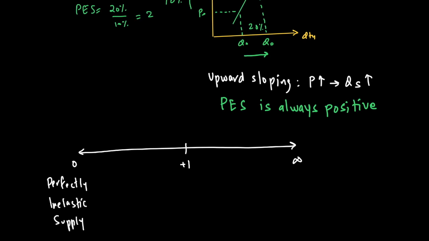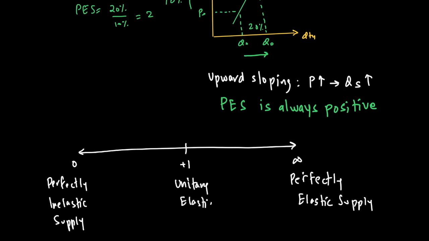But if you look at a value of infinity, we call it perfectly elastic supply. And in between, the one would be what we call unitary elastic supply, where PES is equal to 1.